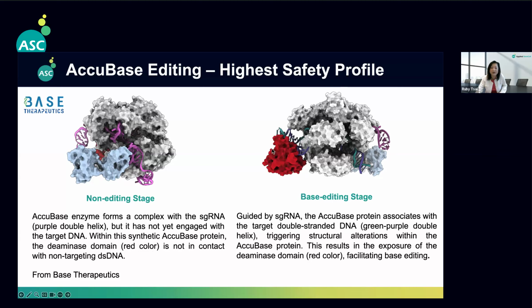At that time, the deaminase component is actually exposed, and then results in the change of base from C to T, for example. So that really provides almost the highest safety profile in terms of CRISPR technology.